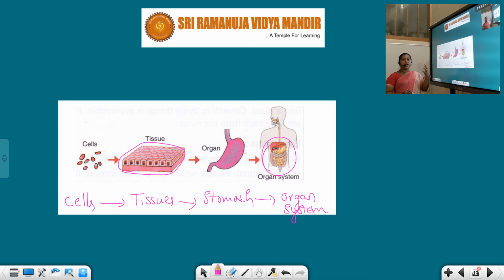Of course, they have a similar structure and work for a similar function. Then it forms the stomach. Then it gives the organ system. Different organs such as small intestine, large intestine, stomach, esophagus, and mouth all organize to form an organ system. Then we get a complete organism.